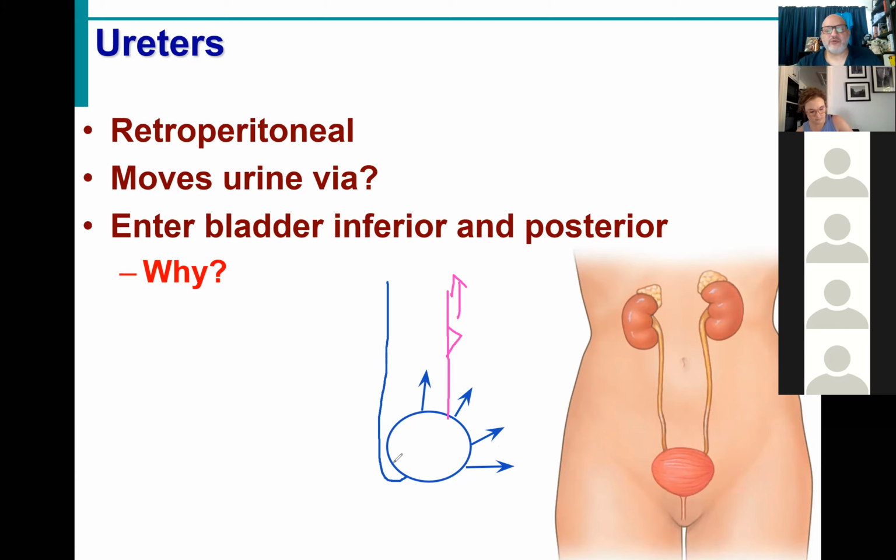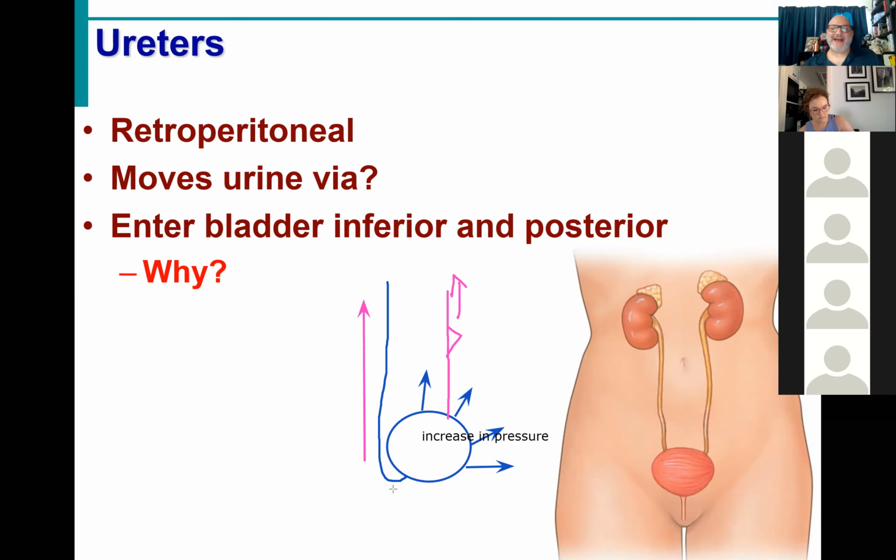But remember also, the bladder has some elasticity in it. Not as much as it could, because thankfully it is lined with that transitional epithelial tissue. But still, as it expands, there is going to be an increase in pressure here inside of it. And we don't want that pressure to back up into the kidney.